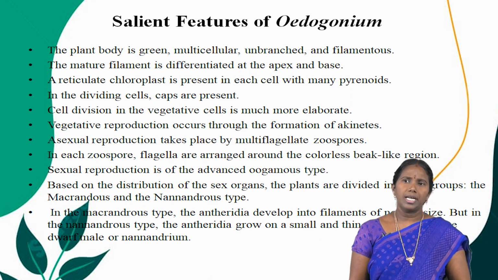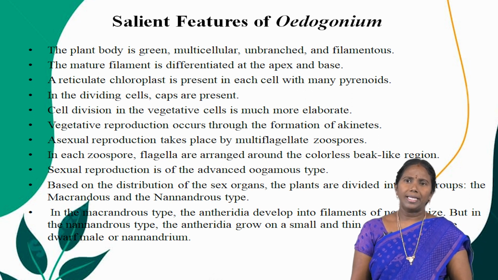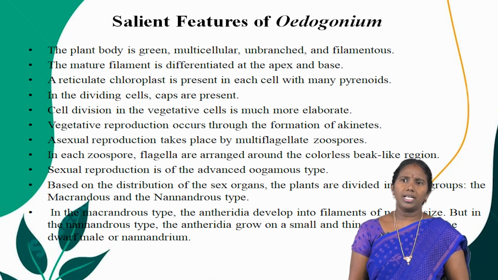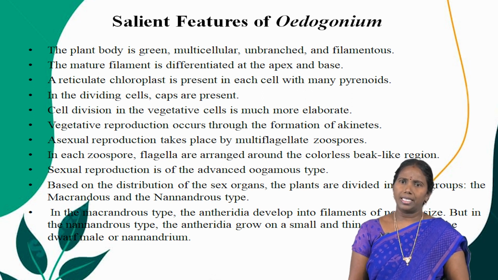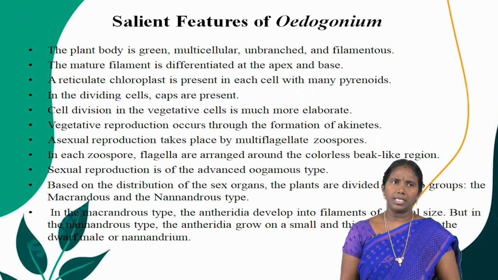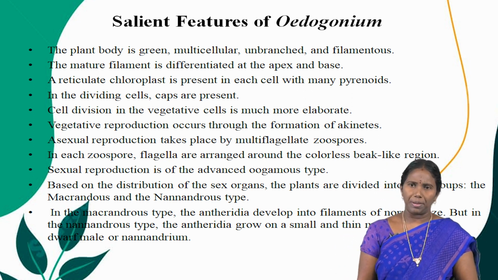Asexual reproduction takes place by multiflagellate zoospores. In each zoospore, flagella are arranged around the colorless beak-like region. Sexual reproduction is the advanced oogamous type.